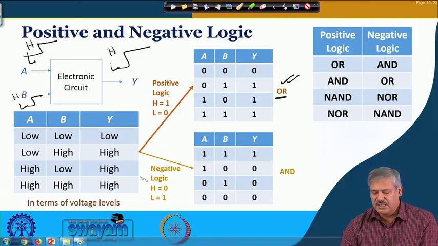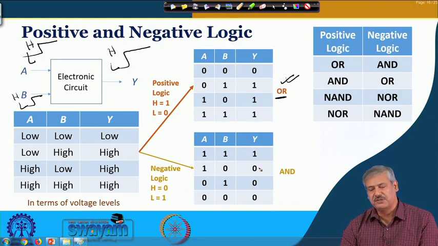Okay. So, in that case the low low becomes 1 1, because low is 1 and low is 1. So, low high is 1 0, and the output is high, which means here high voltage means binary value 0. So, this is 0. So, then 0 1 0 0 0 0.